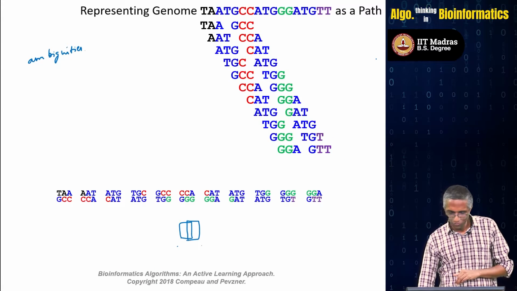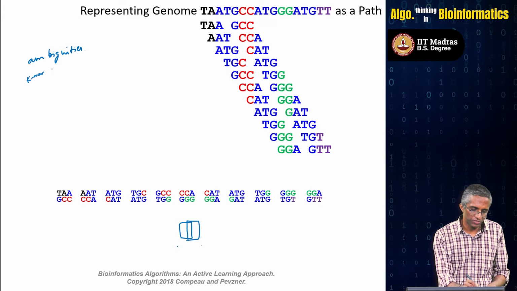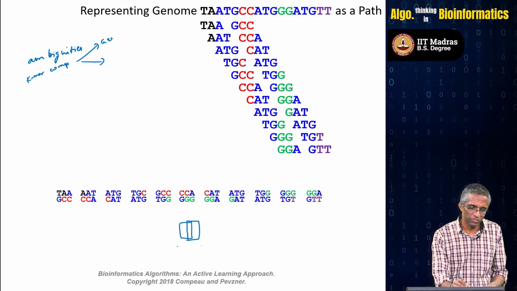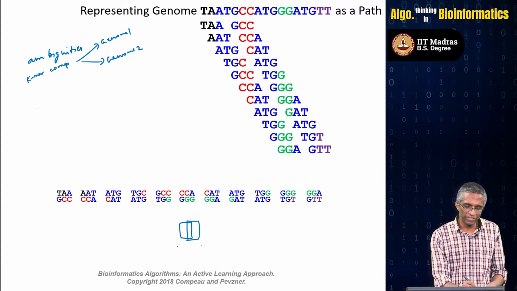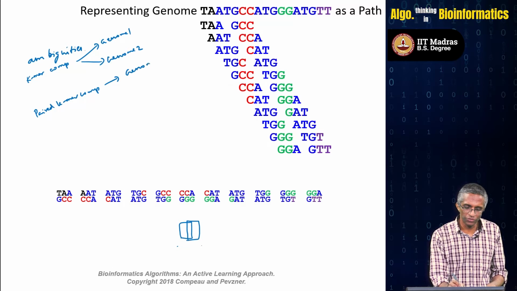Okay, so we have ambiguities, like one kind of k-mer composition can give you multiple genomes, genome 1 and genome 2. Though this cannot be fully resolved by paired k-mers, if you look at paired k-mer composition, you may be able to get only a unique genome.